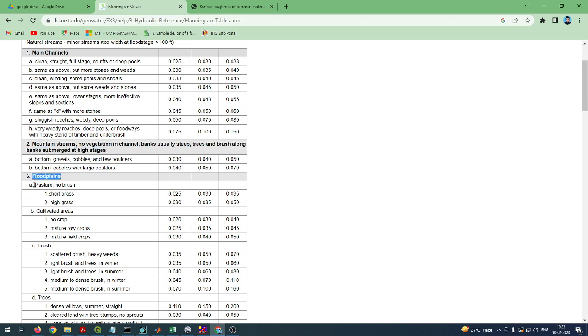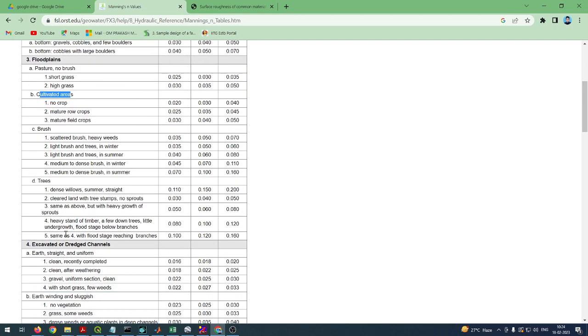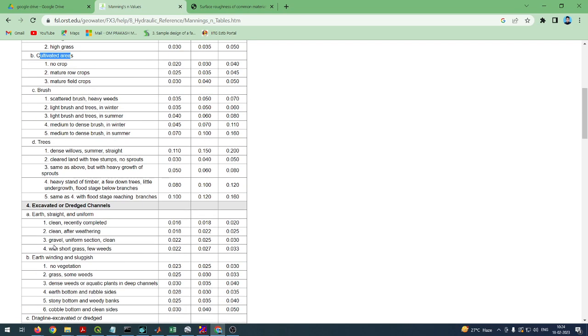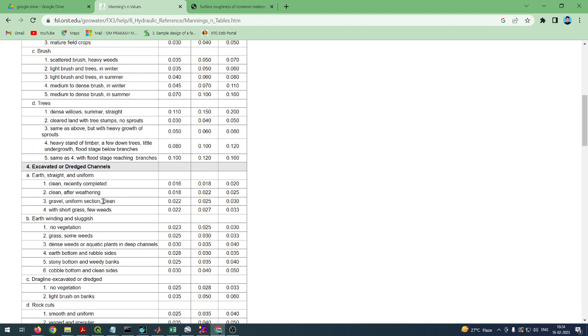Floodplains: pasture, no bushes, short grass and high grass. Cultivated areas, bushes, trees. Excavated and dredged channel: earth, straight and uniform, clean, recently completed.